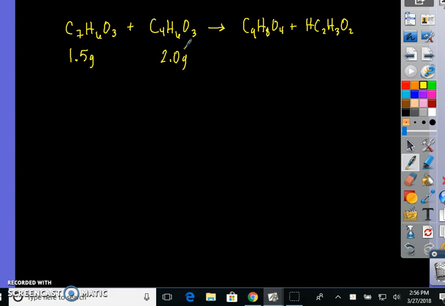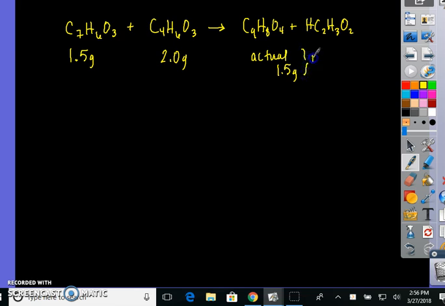Is that what it says in the problem? Is it 1.5? I'm consulting with my assistant. Okay, yes, because I have inadvertently marked mine out, so I don't know what I was doing. So they're telling me that you actually got 1.5 grams.